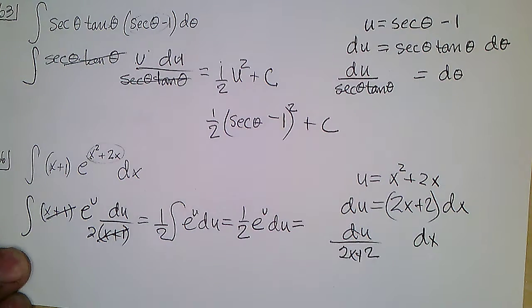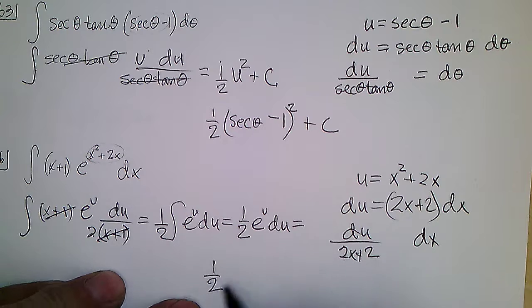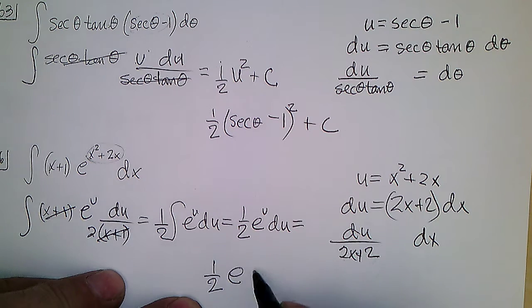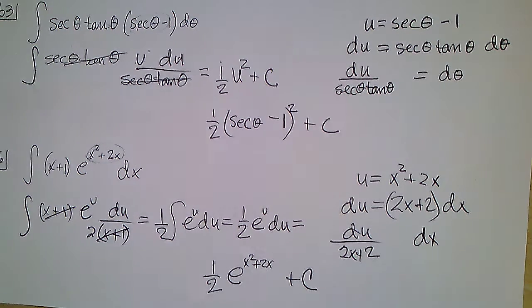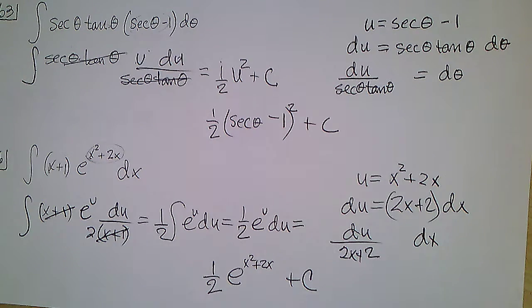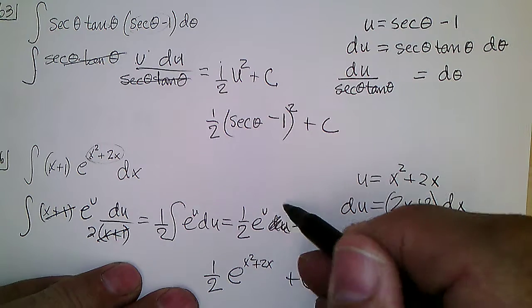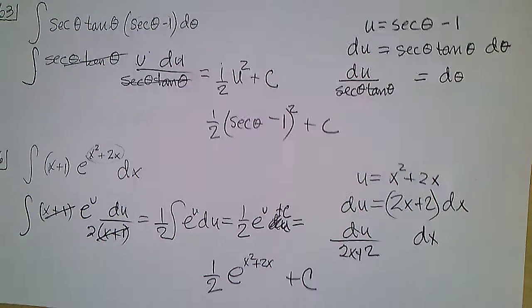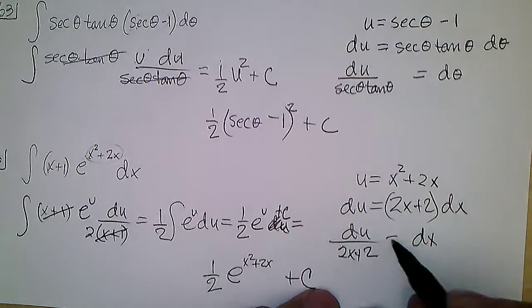Going back to the x's, it would be 1/2 e to the x squared plus 2x plus c. Oh, no du here, plus c, sorry. Got going too fast. Okay.